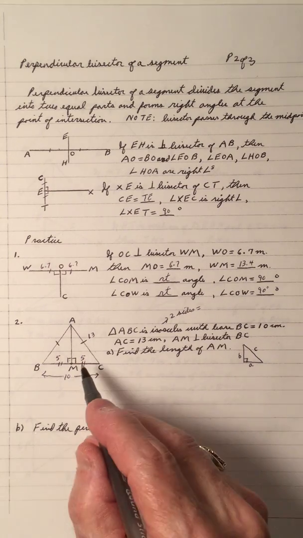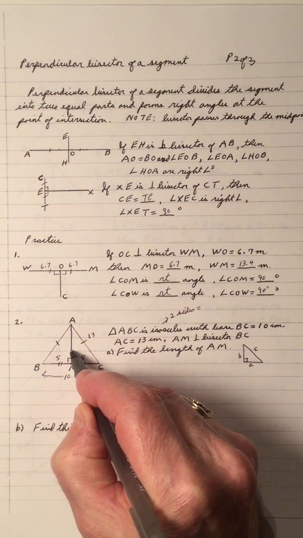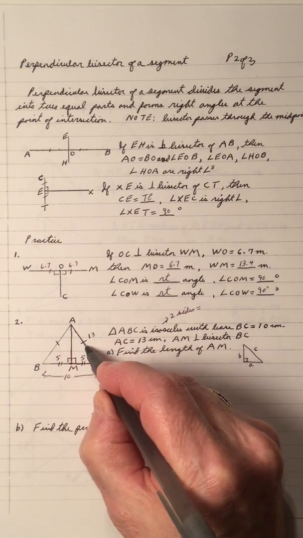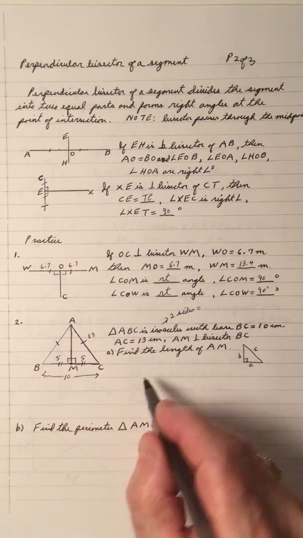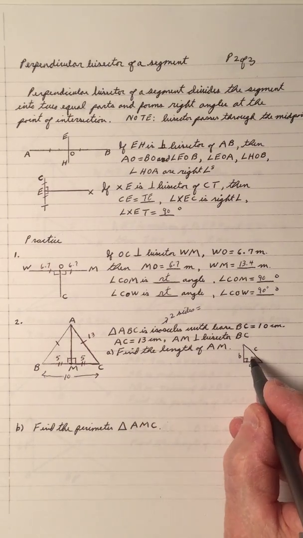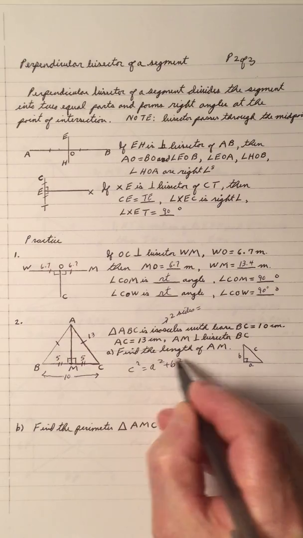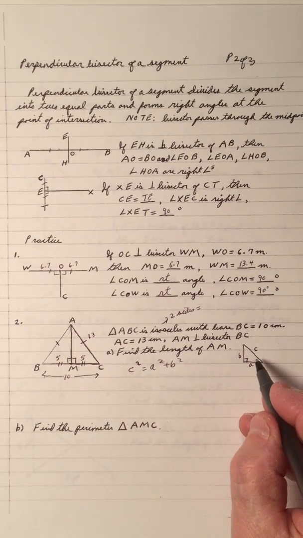So using the Pythagorean property, we have a triangle AMC. If that's a right triangle, we have two sides. Normally with this, we go C squared equals A squared plus B squared. And C is the hypotenuse. The hypotenuse is opposite the right angle.